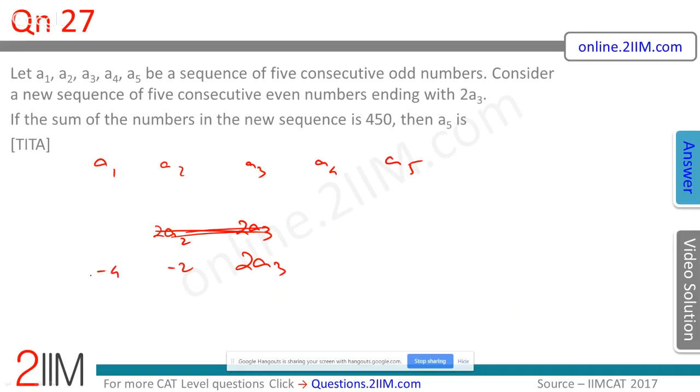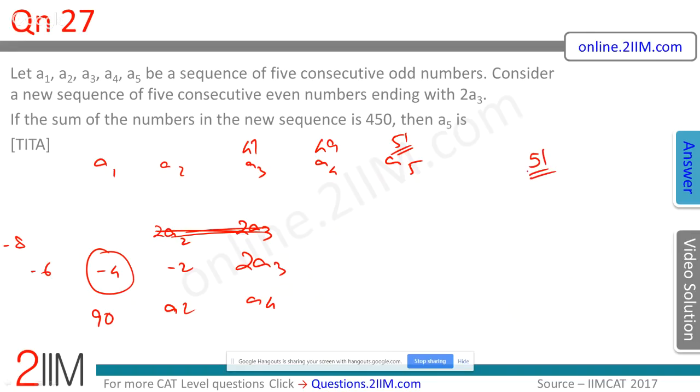Minus 2, minus 4, minus 6, minus 8. The sum of the numbers in the new sequence is 450. Sum of the numbers is 450. Middle number should be 90. Average of that should be 92. Should be 94. So 2A3 is 94. A3 is 47. A4 is 49. A5 should be 51.